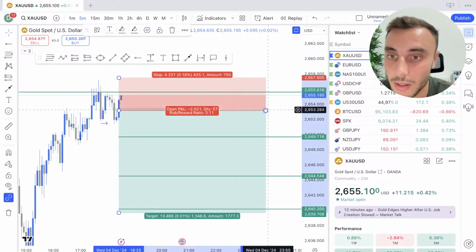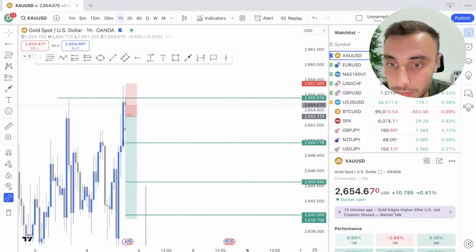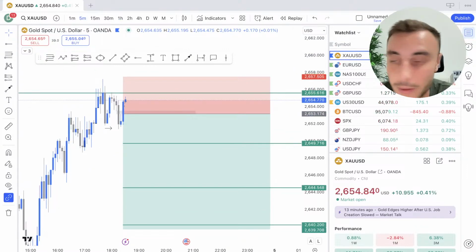Not really looking good. Gold is not really looking good so far, even though it was a high probability trade.